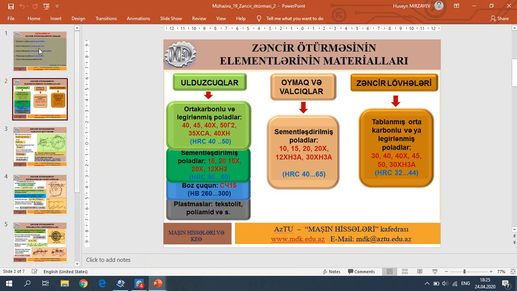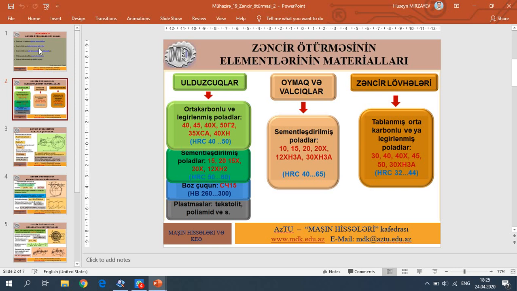In this chain materials, materials may be selected as steels, middle carbon steels are used for the chain materials. Materials for the sprocket also are steels, and if velocity is not very high, maybe use cast irons.